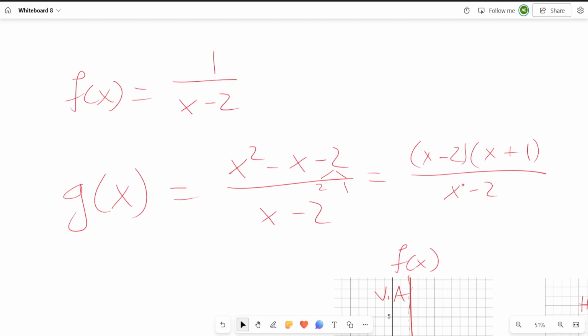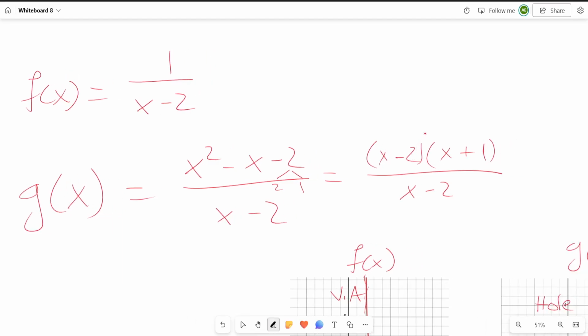Over here, I can see something interesting. I can see that x minus 2 and x minus 2, which is the factor that caused me to have an undefined part, is shared. So we have a shared factor between the numerator and the denominator.